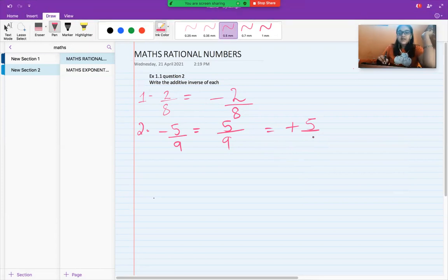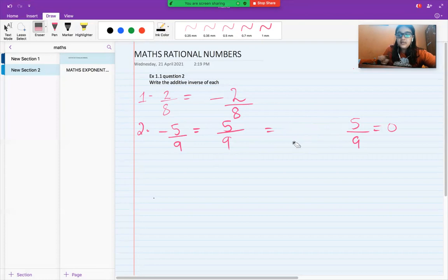So plus 5 by 9 and minus 5 by 9 is equal to 0. So when the additive inverse comes, it means negative becomes positive or positive becomes negative. Okay, now I will erase this.